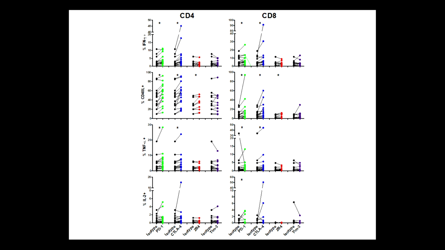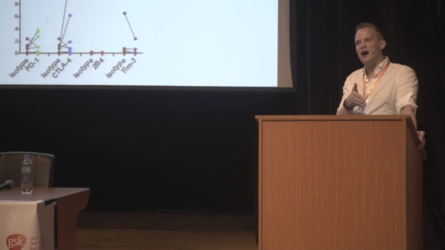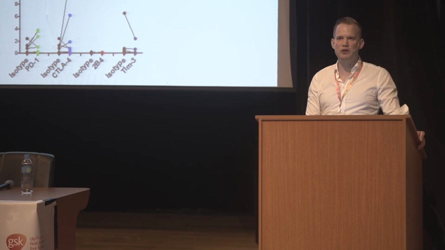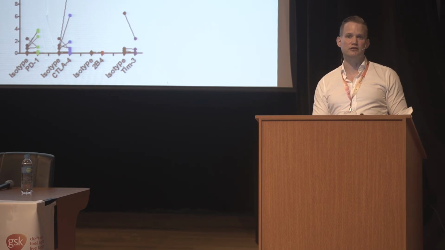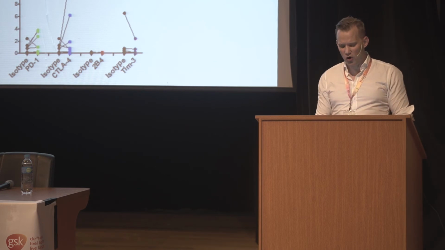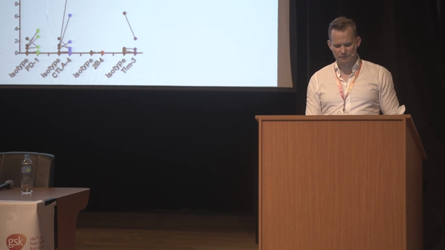So we wanted to test this in an animal model, to see how the different blockades impact the CD4 and CD8 T cell responses, but also to understand whether this has an impact on the disease outcome.